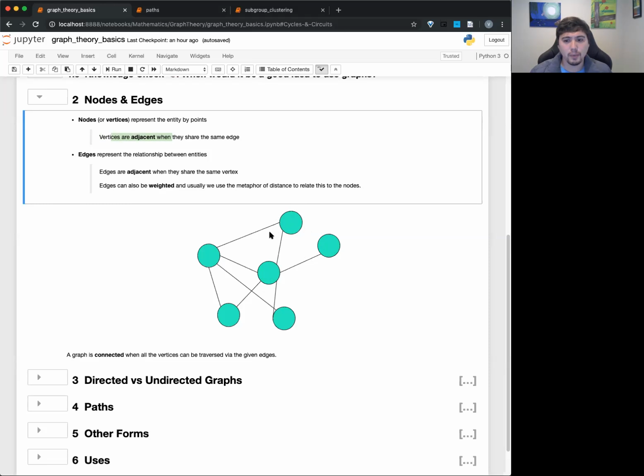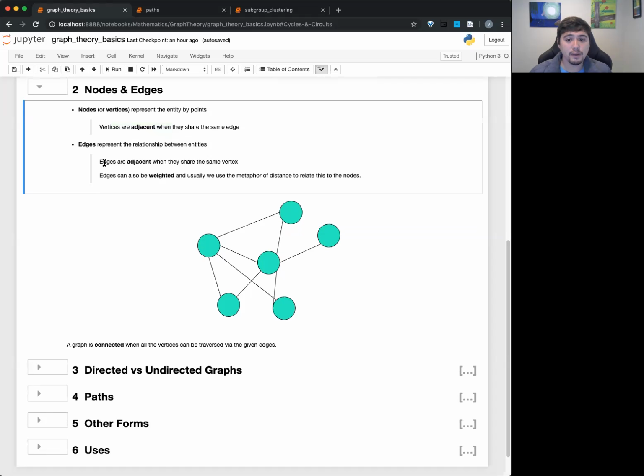Imagine this is point A, point B, point C, or town A, town B, town C, and these are the only roads connecting them. You can travel both ways, back and forth. You can travel from A to B to C and get to C, but A and C are not adjacent to each other because you have to go through B. Make sense?